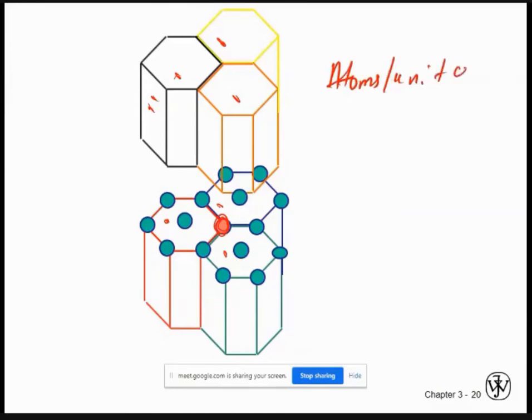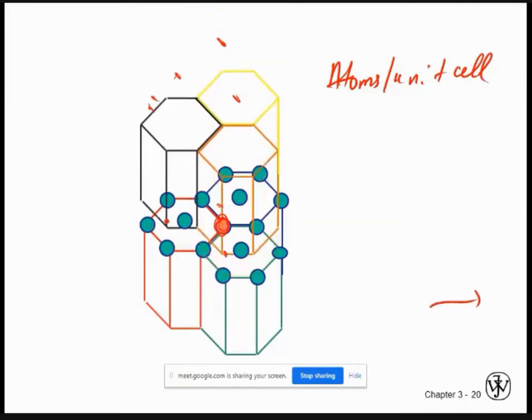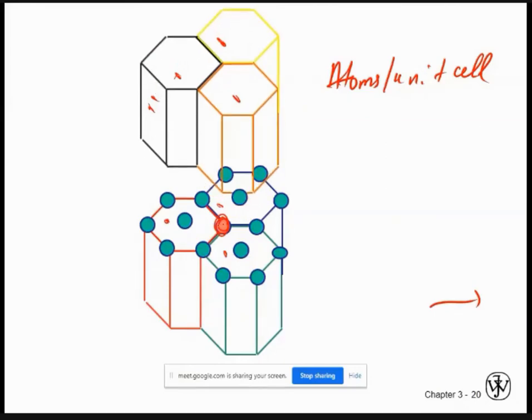I will keep coordination number for the next slide. Just wait for it. So this red atom is shared by 6 hexagons. So this one is a coordinate atom of another of 6 hexagons in total.